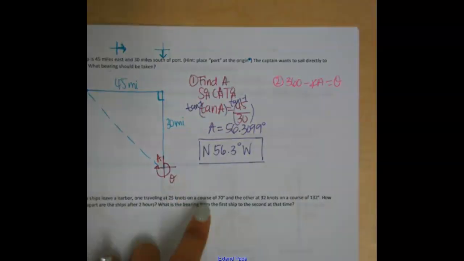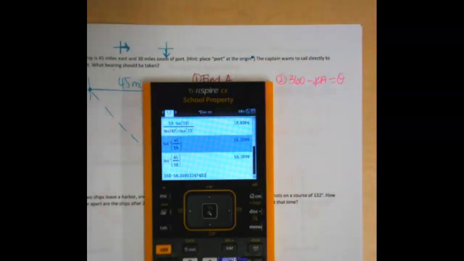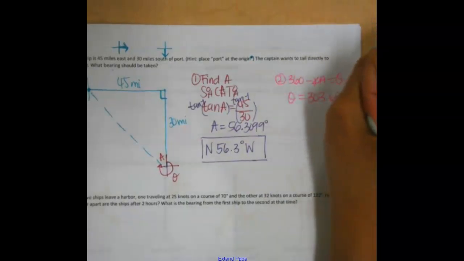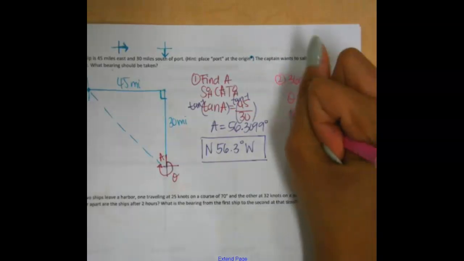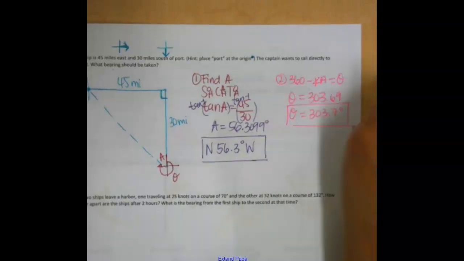So in your calculator, let's take that 360, subtract it from the last answer, and we should get 303.69. So theta should equal 303.69, which is going to round to about 303.7. So theta should equal 303.7 degrees. That should be your answer.